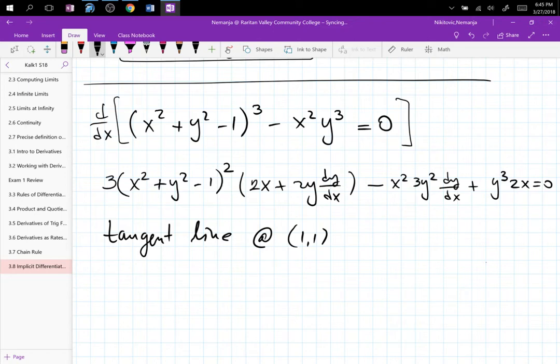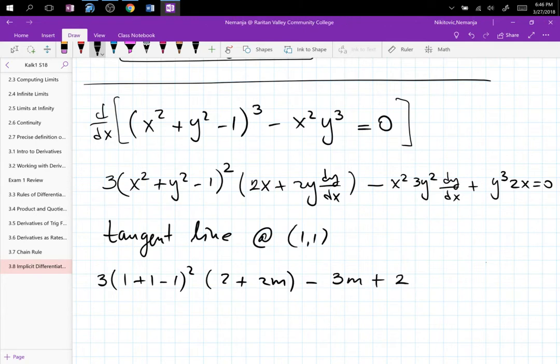So when I plug in 1, 1 for every x and every y, every dy dx becomes an m. And calculations simplify ridiculously. Look at this. Plug in 1, 1 everywhere. We have 3, 1 squared is 1, plus 1 squared is 1, minus 1, everything squared. On the other one is 2 plus 2m, right, because dy dx becomes m, minus 1 times 3 times 1, so that's 3m, plus 2 equals 0.